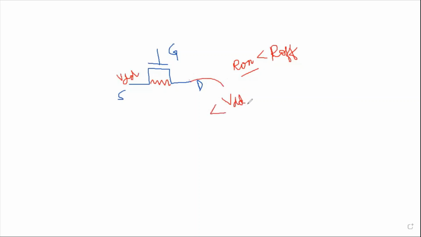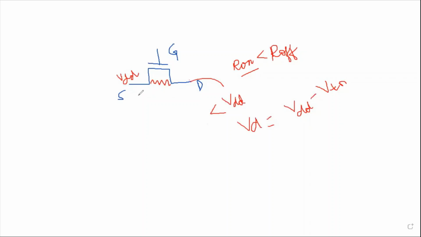Normally it is said that this drain voltage is equal to VDD minus the threshold of the NMOS, the voltage needed for turning this transistor on.